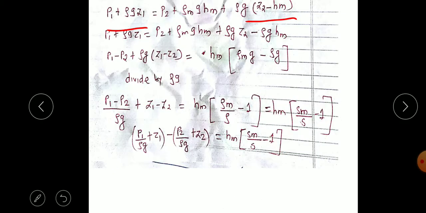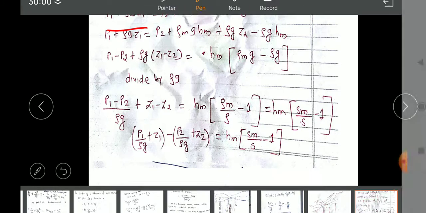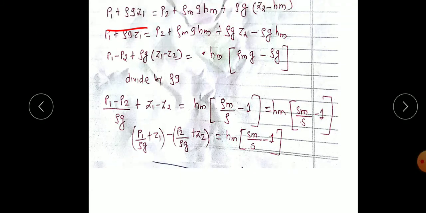Solving this, multiplying by rho g, taking P2 on the left side, we get P1 minus P2 equal to rho g (Z2 minus Z1) plus Hm (rho m g minus rho g).